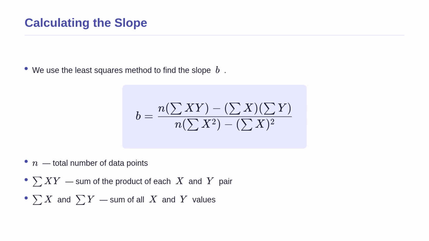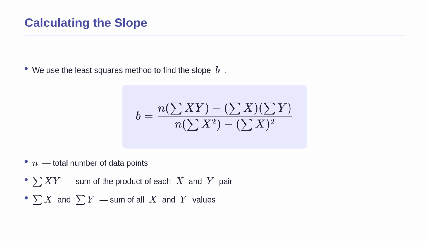With our visual intuition built, we must now ask, how do we actually calculate that perfect slope from raw data? We use a method called least squares, and it gives us this specific formula for the slope, b. While it looks complex, it simply compares how X and Y change together versus how X changes on its own. Let us define the symbols. The letter N represents the total number of data points in our sample.